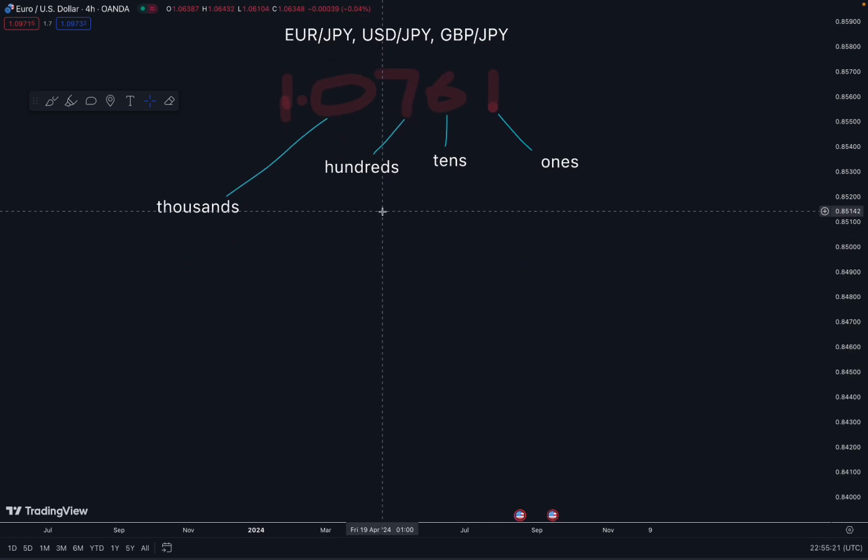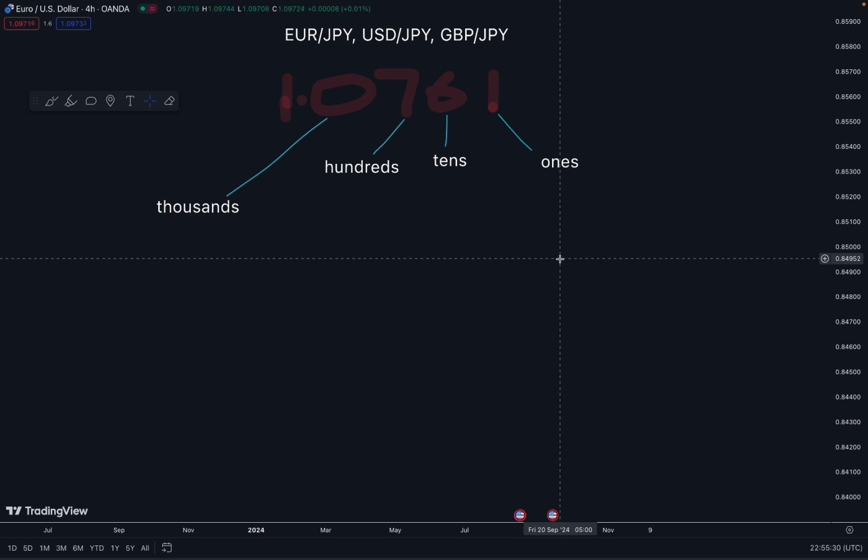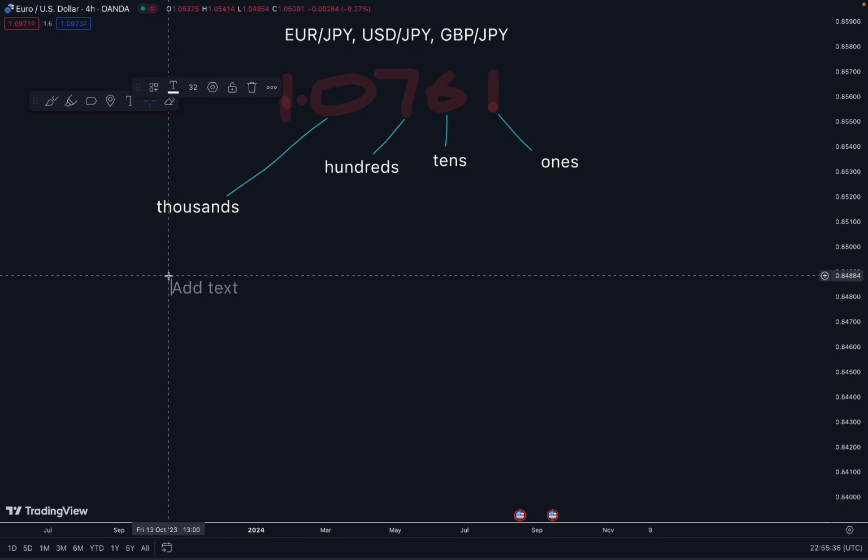So let's take a practical example of what I'm talking about. Let's take the current price of Euro USD at this price, 0.8410.